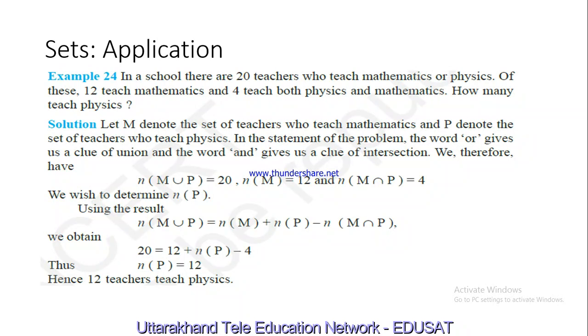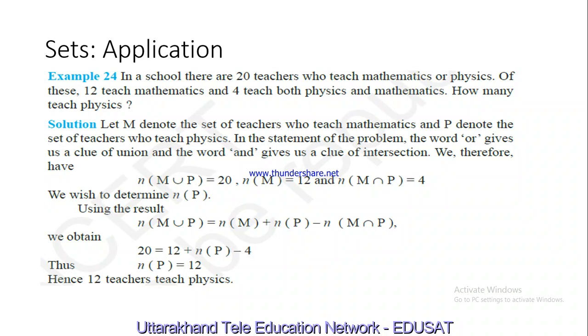On the other hand, if you want to know how many are able to teach mathematics, n(M) will be equal to 12. M intersection P, again the first line, is equal to 4. This is the number of those teachers who can teach both physics and mathematics. So now we have to determine n(P), or in other words we have to find out the number of teachers who teach physics.